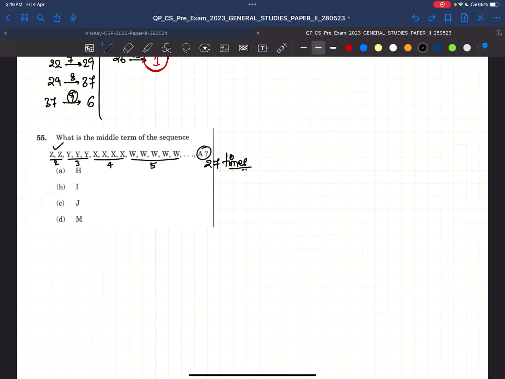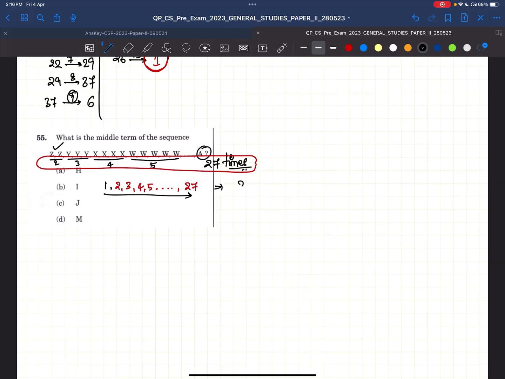Now let's find how many terms are there in the sequence. It is starting from 2, 3, 4, 5, and so on up to 27. So here, if we put 1 here, we can see that it is the sum of n natural numbers. We need to find how many terms are there.